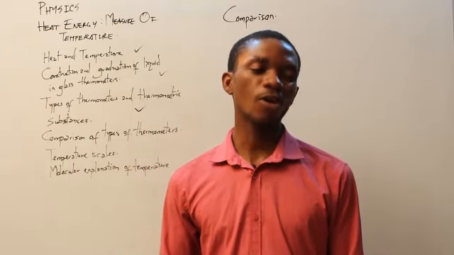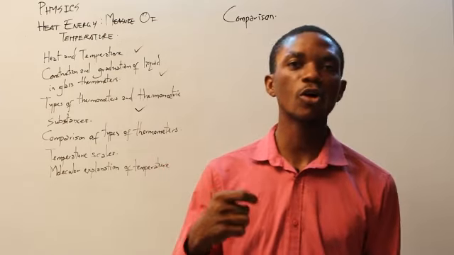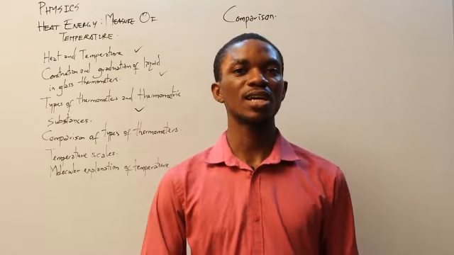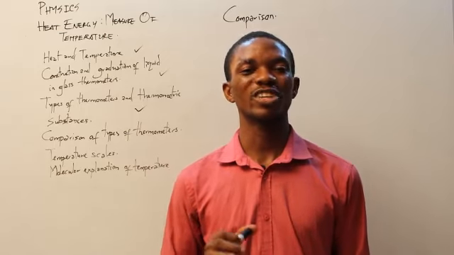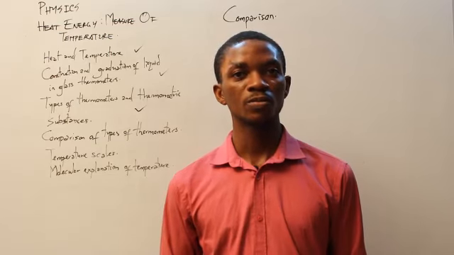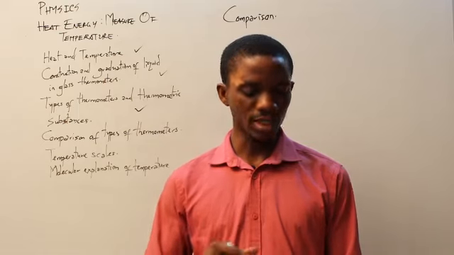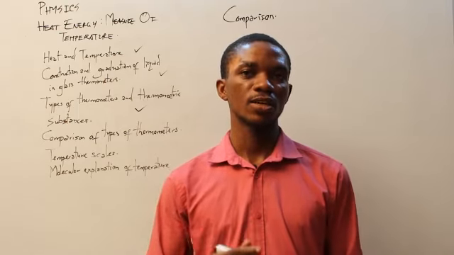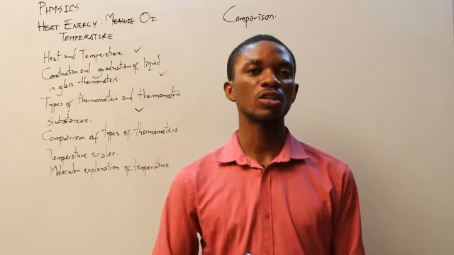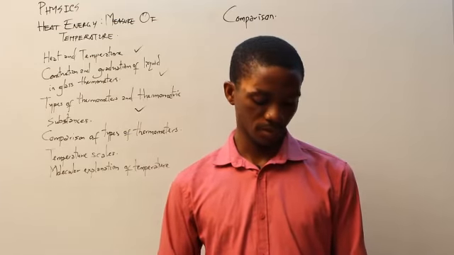And also, alcohol is difficult to see. You might actually need to add a color to the alcohol, since it is a clear, transparent liquid. But mercury has a color of its own. It is crimson red in color, so it is easy to see it rise or fall within the glass.